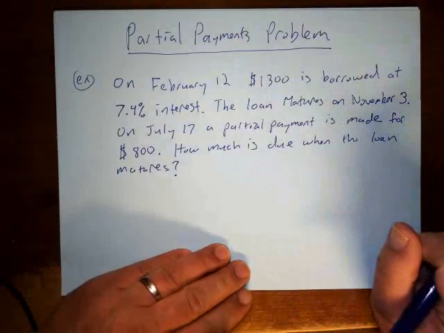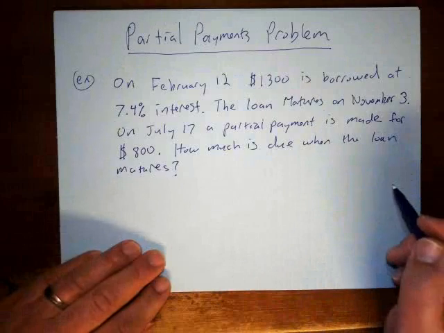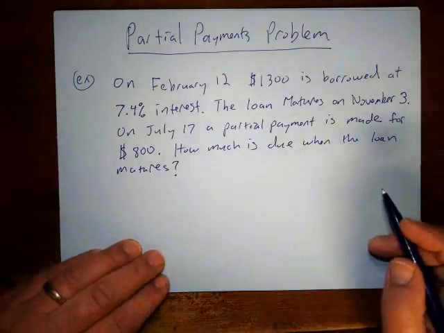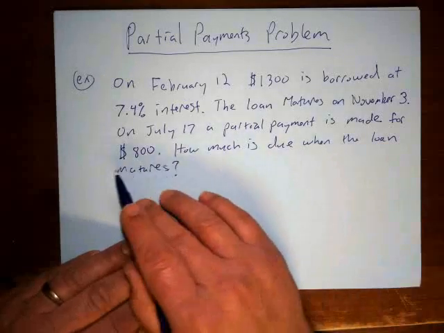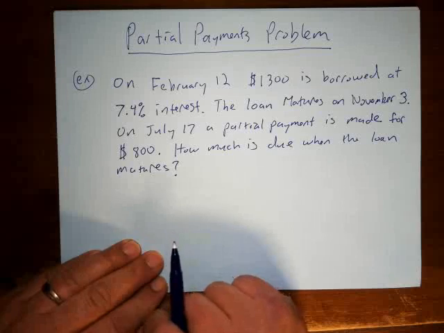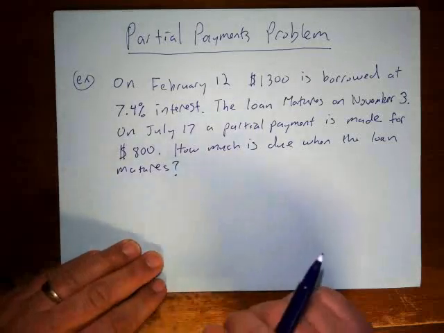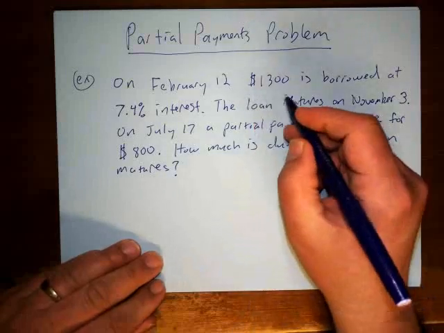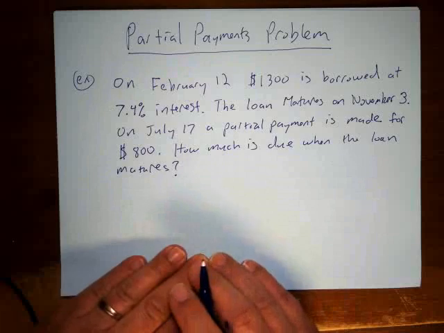So they're paying off part of that loan. And then they want to know how much is due when the loan matures. Okay, and the point here is on July 17th, when they make a partial payment, the lending institution can only charge them interest over the remaining principal.